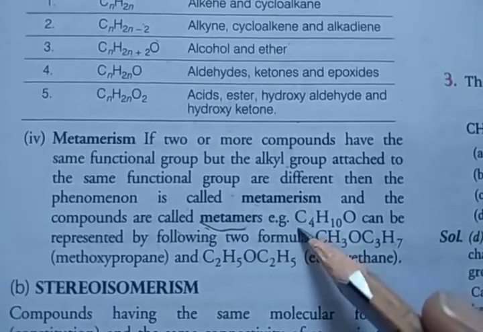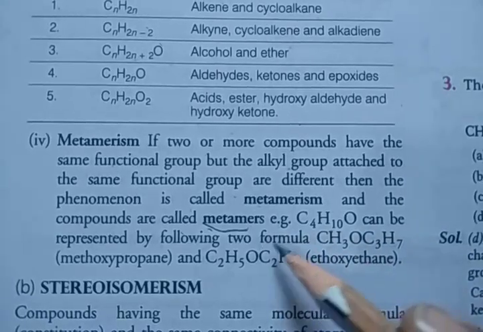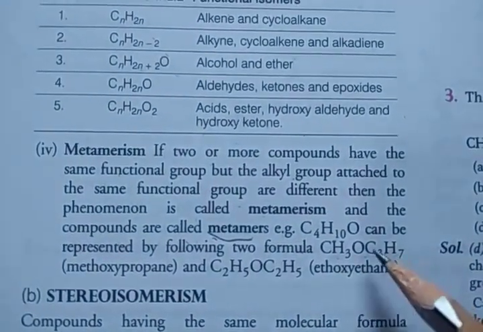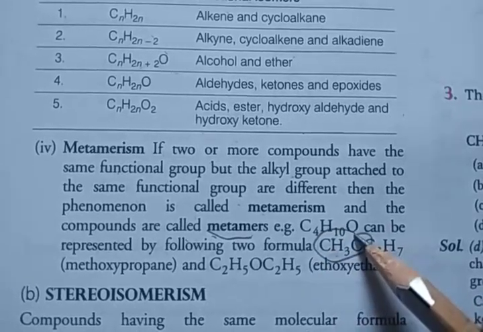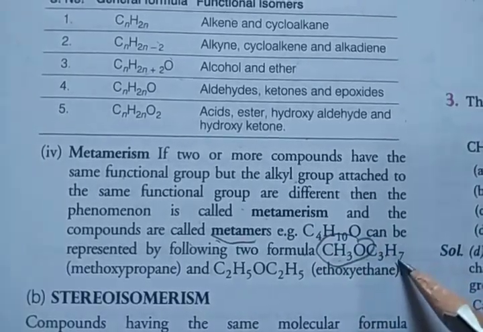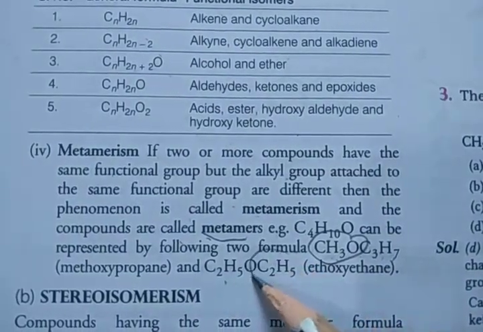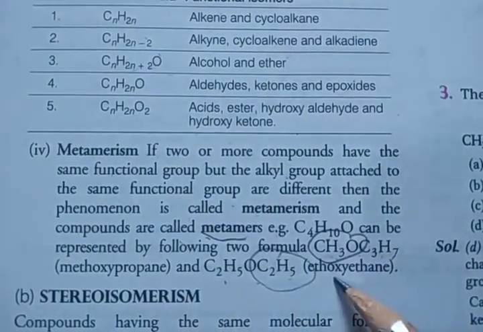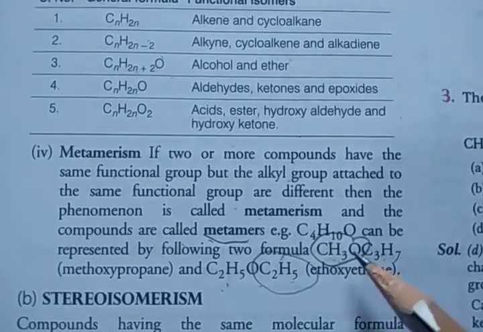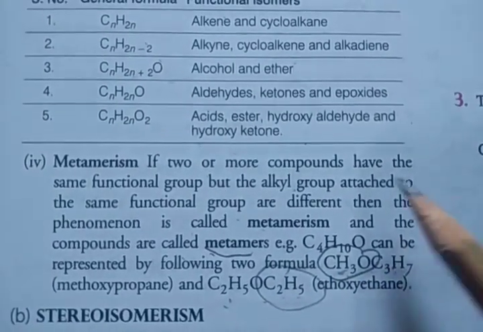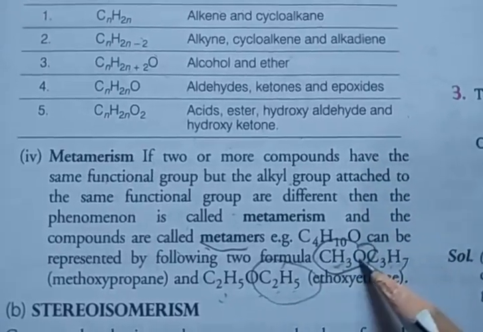For example, C4H10O is represented by two formulas: CH3OC3H7, a methoxy group with three-carbon propane, methoxypropane; and C2H5OC2H5, ethoxy with two-carbon ethane, ethoxyethane.